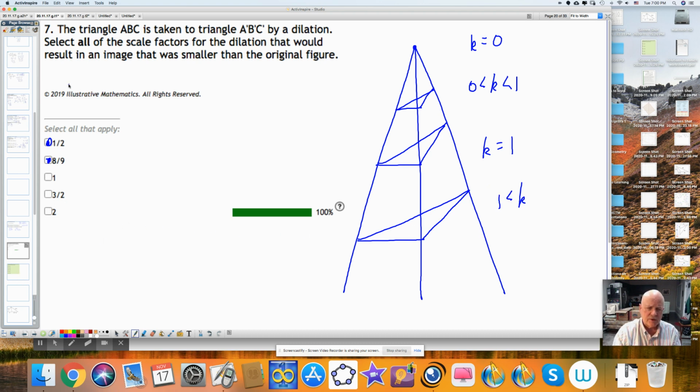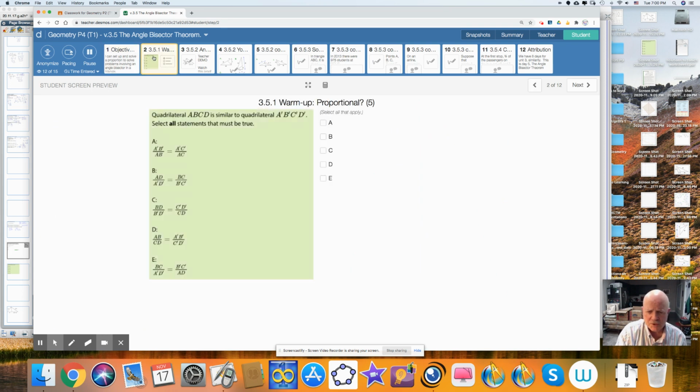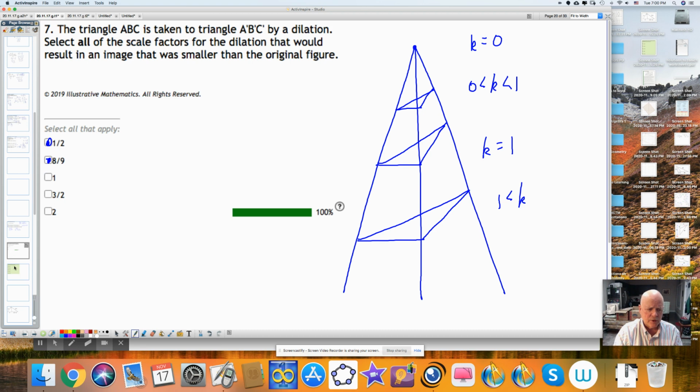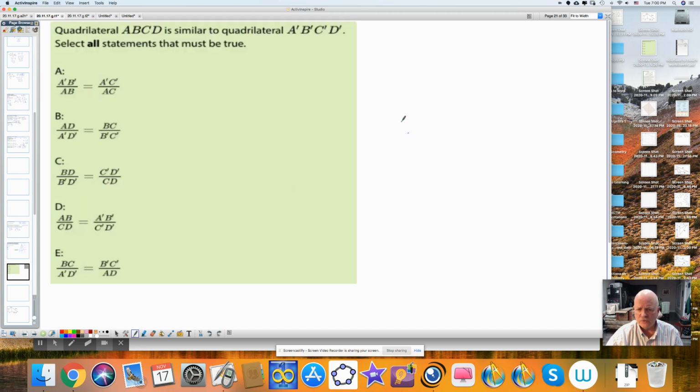In today's activity, the first thing we had was a warm-up, and I'm going to do this on my whiteboard. I'll draw two figures. One is the smaller version, A, B, C, D, and a larger version of that same rectangle, A prime, B prime, C prime, D prime.